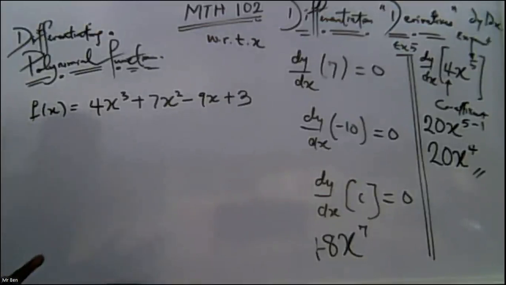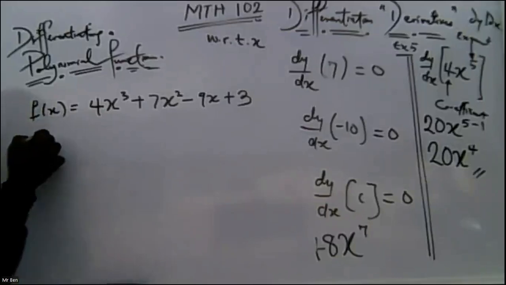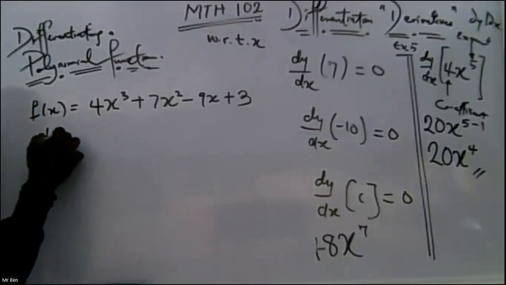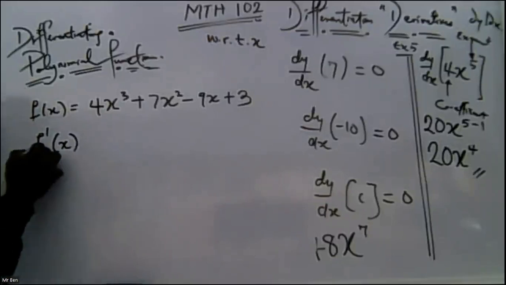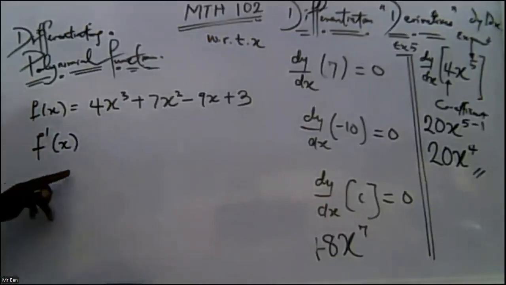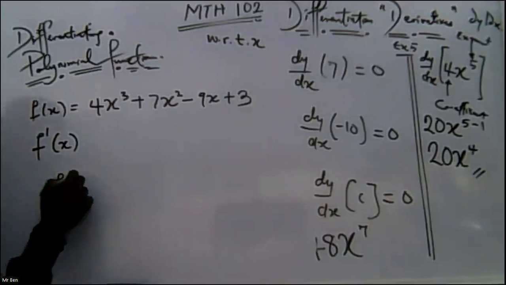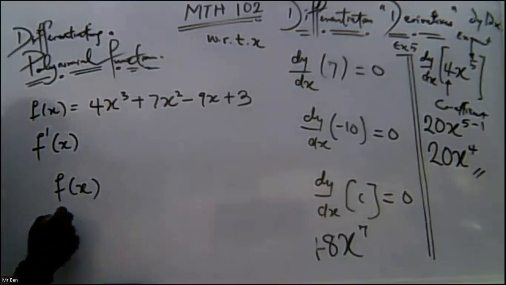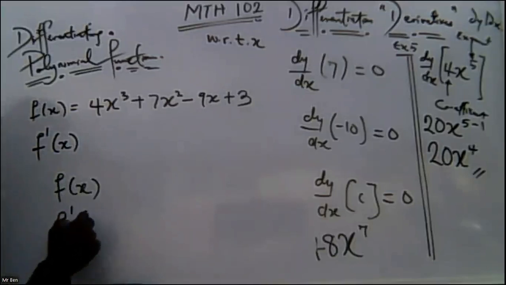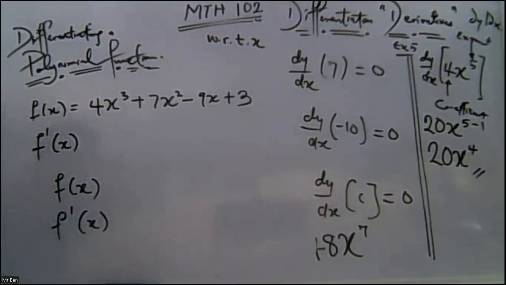Now, if we want to find the derivative, this is how you can write it. f prime of x also means derivative of this function. F of x is the function. The derivative of f of x is f prime of x.